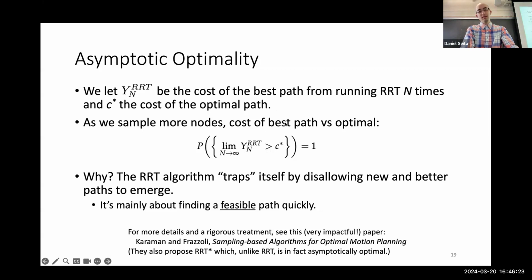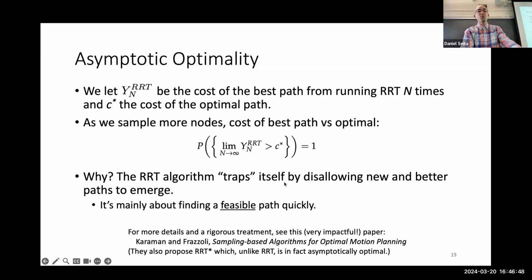So what does this mean? What this equation means is that as you increase the number of samples to infinity, you actually do not get close to the best cost, right? Make sure you understand what this equation means, because this is a very important thing.